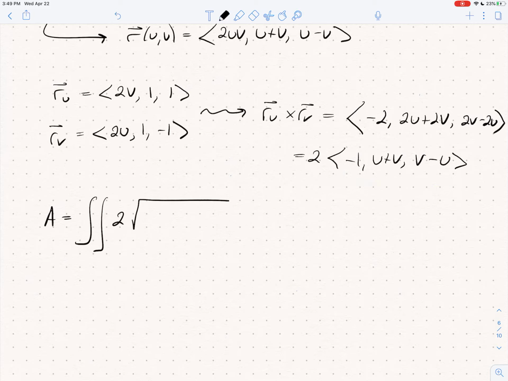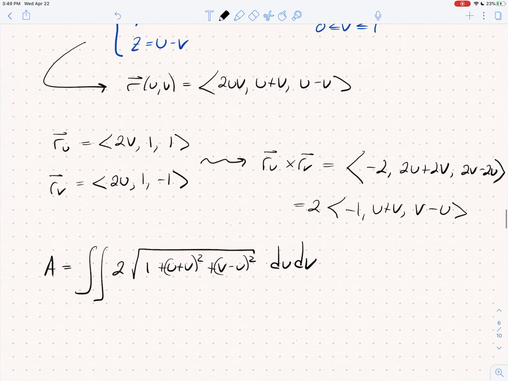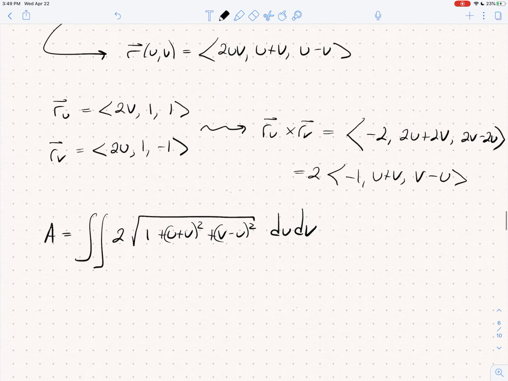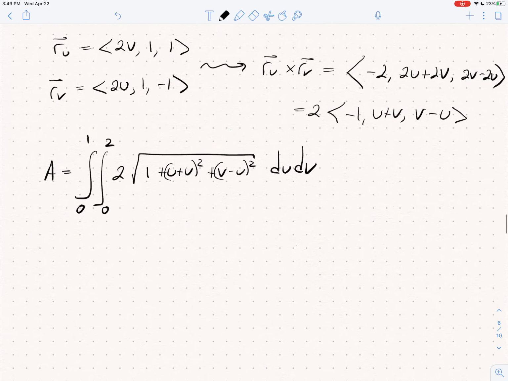So I'm going to get 2 times the square root of 1 squared plus U plus V squared plus V minus U squared. And then I can just put a dA if I want, or I can go ahead and integrate this, say du dv. It turns out that our bounds here are all constant. This is just a rectangle, so it doesn't really matter the order. U is going to go from 0 to 2, and V is going to go from 0 to 1.